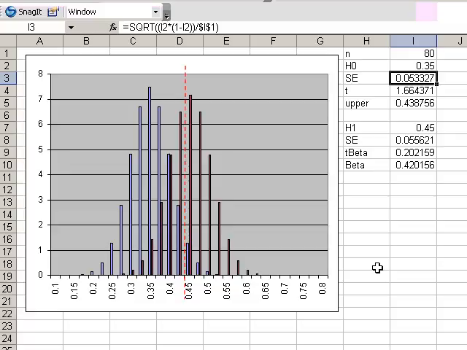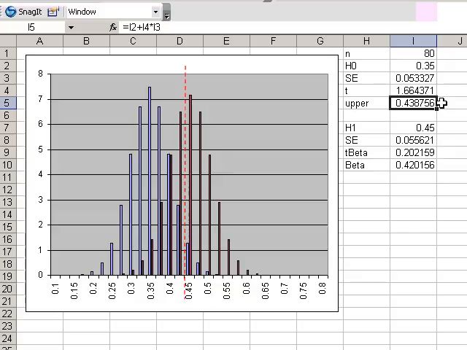Now, if we are to calculate beta for the alternative hypothesis of 0.45, we must find an upper limit for the 95% confidence interval around an H0 of 0.35.